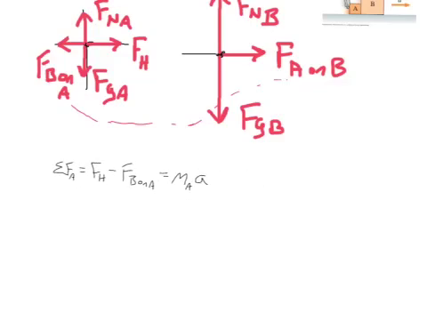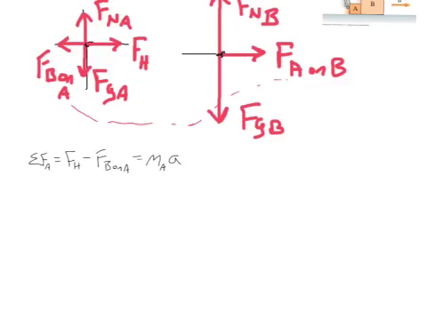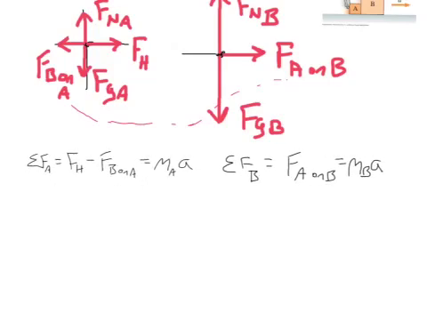So that's what we've got right now for block A. Let's take a look at block B. The net force on block B in the x direction is just the force of A on B equal to the mass of B times our acceleration. So now we've got these two expressions for the forces on each block.